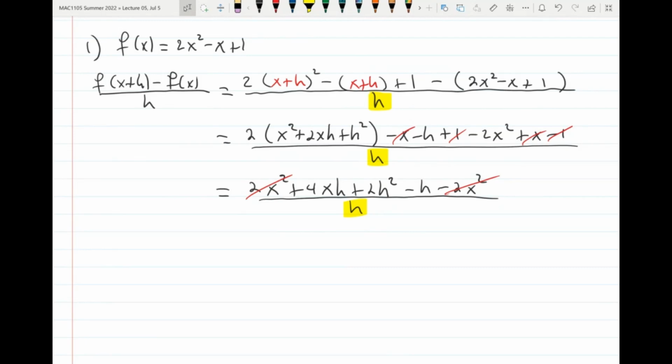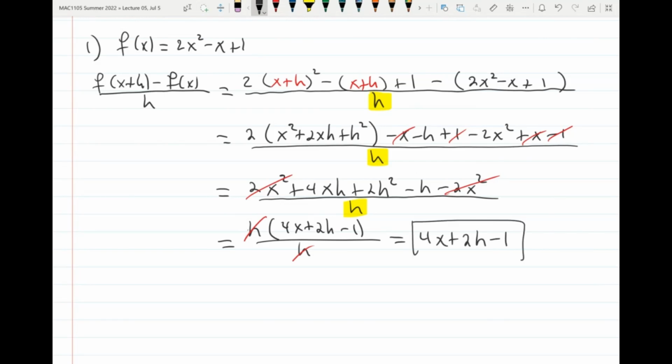So we can factor out h, which will then cancel this one over here. This is good news. So we take out h, and we get 4x plus 2h minus 1 over h, and finally cancellation happens, so we get 4x plus 2h minus 1.